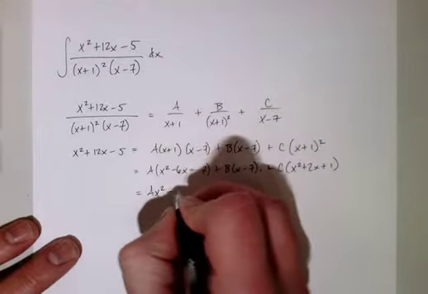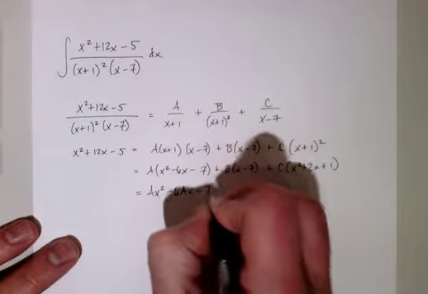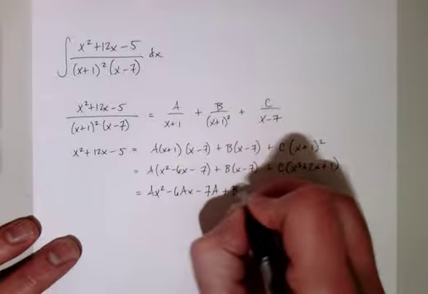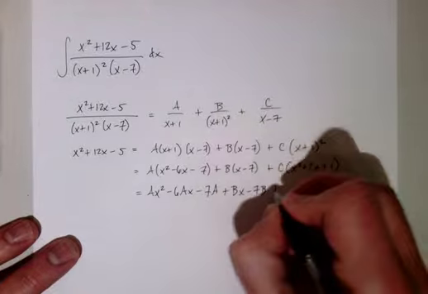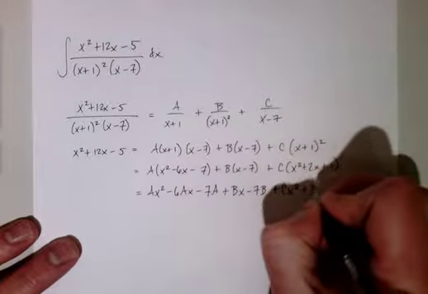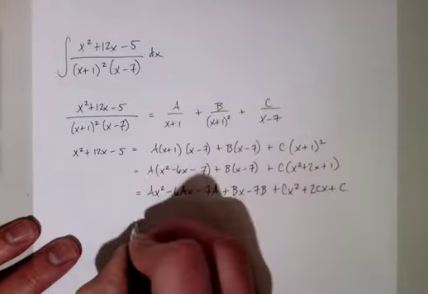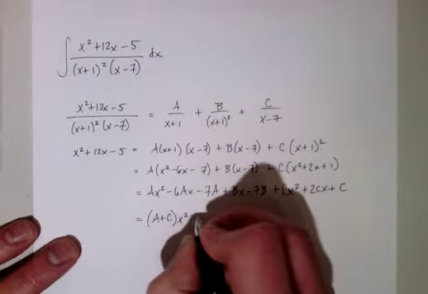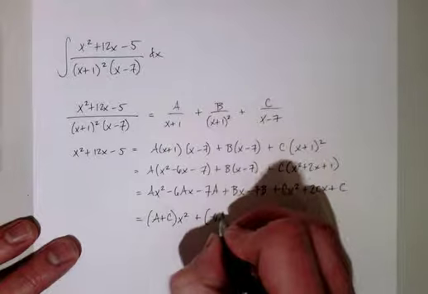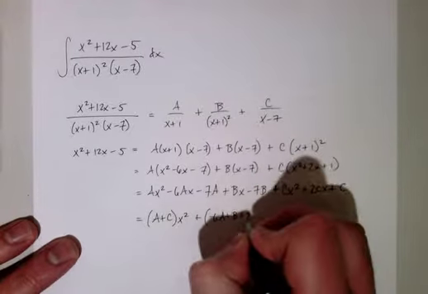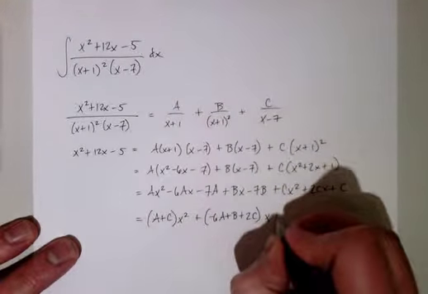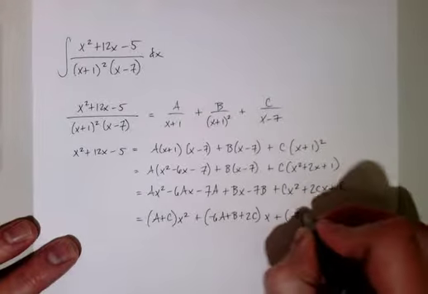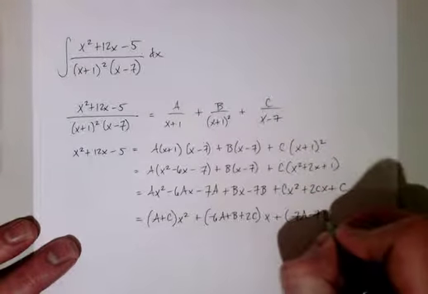So that's ax squared minus 6ax minus 7a plus bx minus 7b plus cx squared plus 2cx plus c. I wind up getting (a plus c) x squared, (negative 6a plus b plus 2c) x, plus (negative 7a minus 7b plus c).